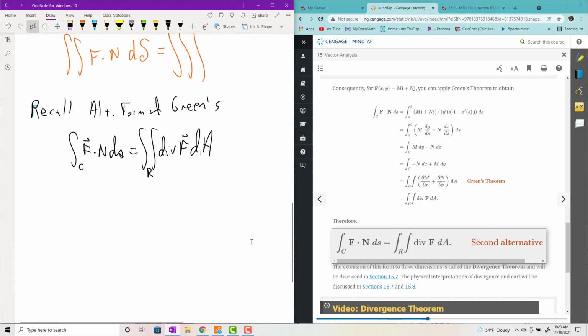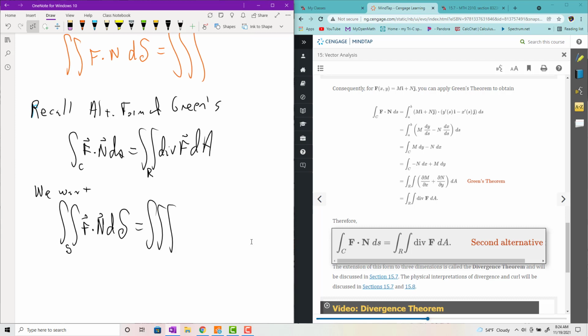All right, so what we want is a way to transfer from this surface integral, and these should both be vectors, and just rewrite it as a triple integral over volume.